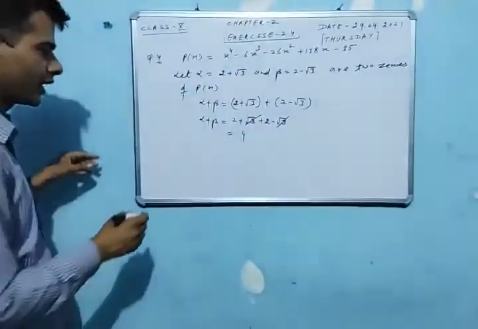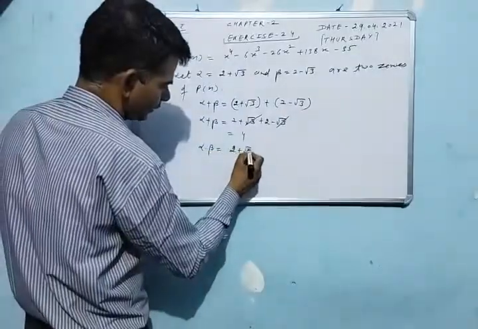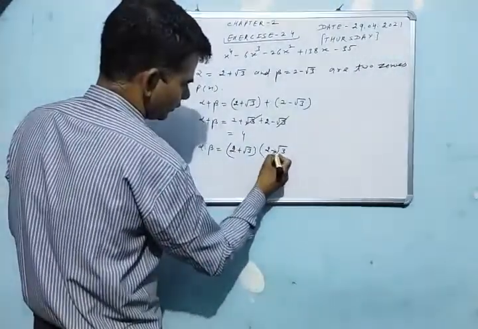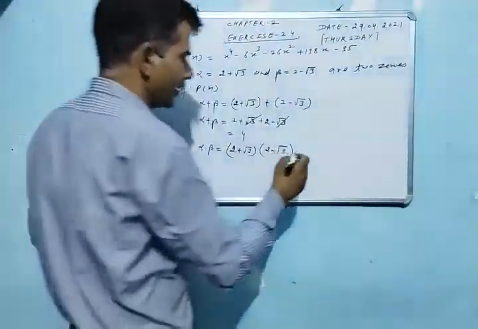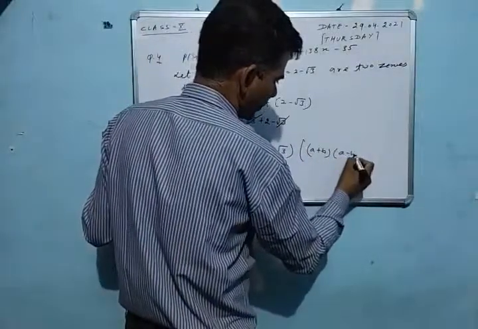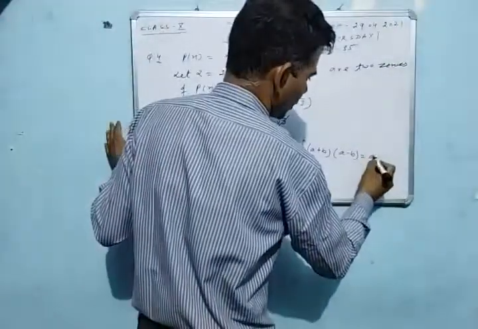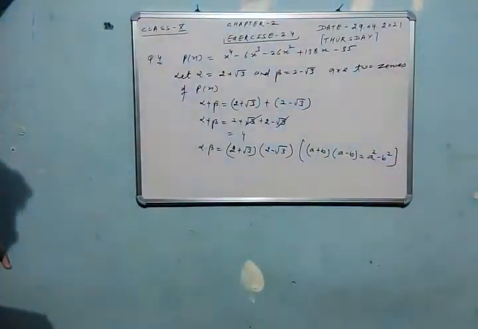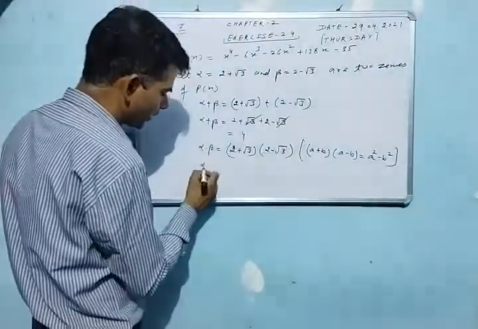Now students, alpha into beta, the product of two zeros, is 2 plus root 3 times 2 minus root 3. Now students, a plus b times a minus b is a square minus b square.